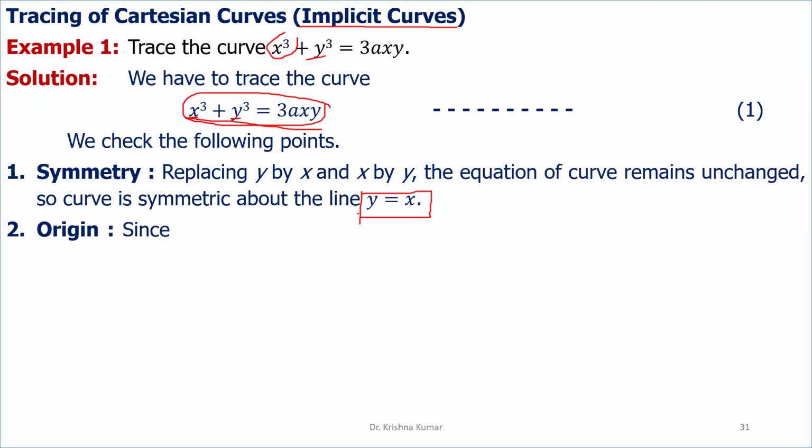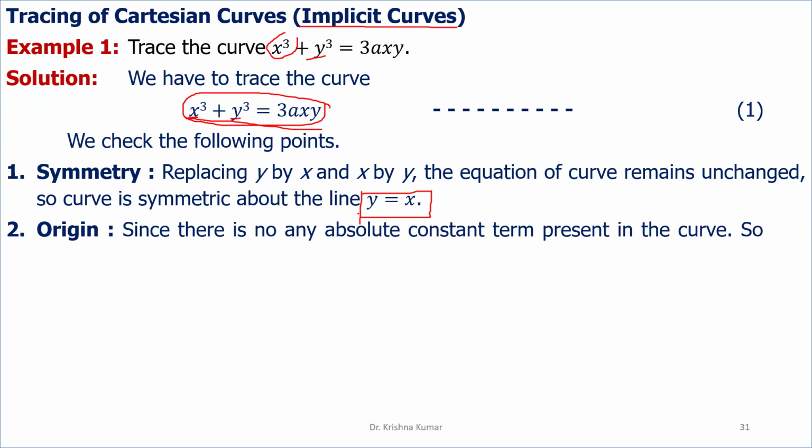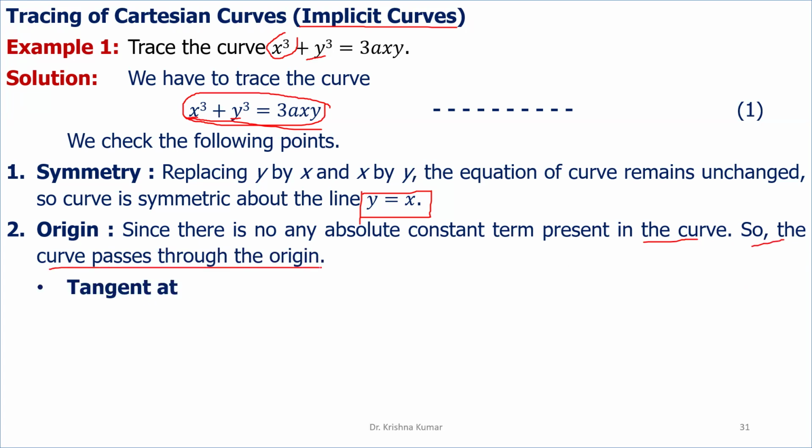Okay, now let us take: will the curve pass through the origin? Since there is no absolute constant term present in the given curve, the curve passes through the origin. What is the tangent at the origin? We have to check the lowest degree term in the given curve.